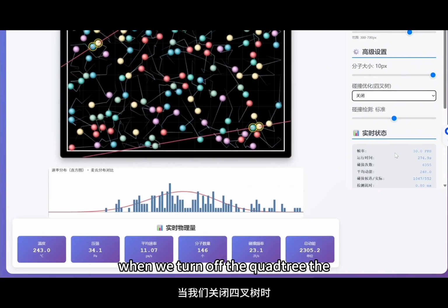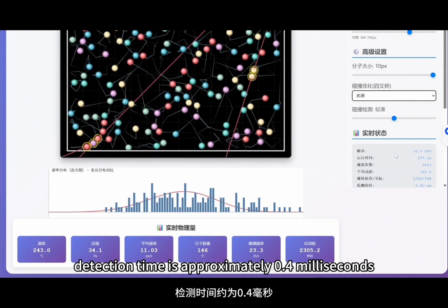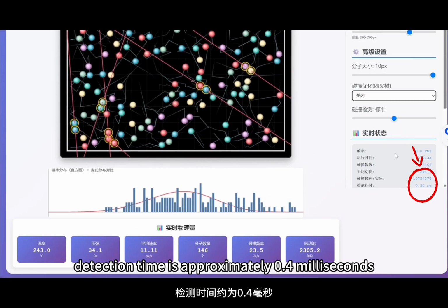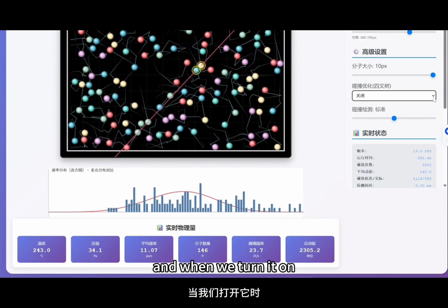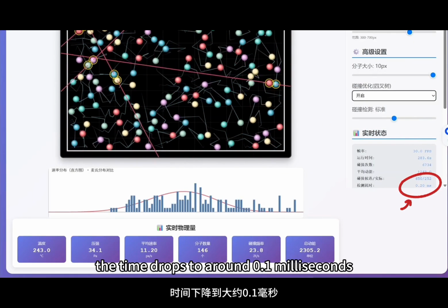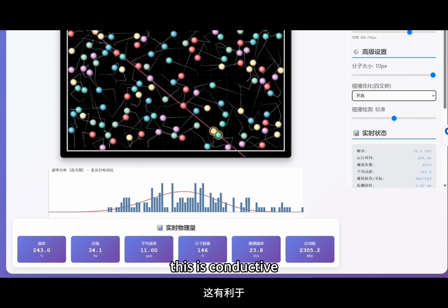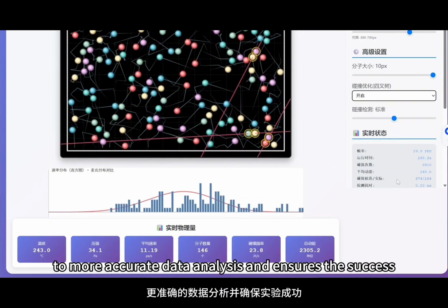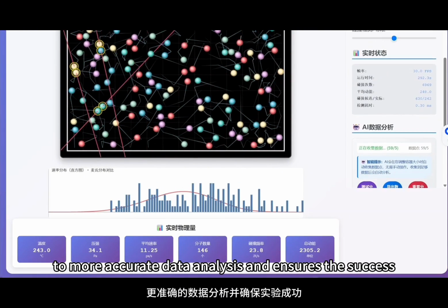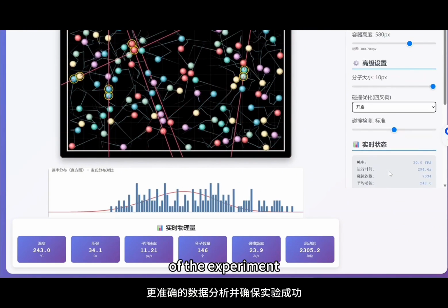When we turn off the quadtree, the detection time is approximately 0.4 milliseconds, and when we turn it on, the time drops to around 0.1 milliseconds. This is conducive to more accurate data analysis and ensures the success of the experiment.